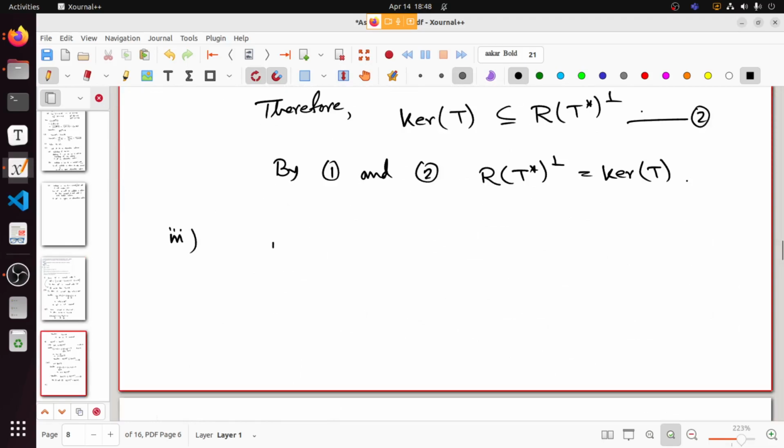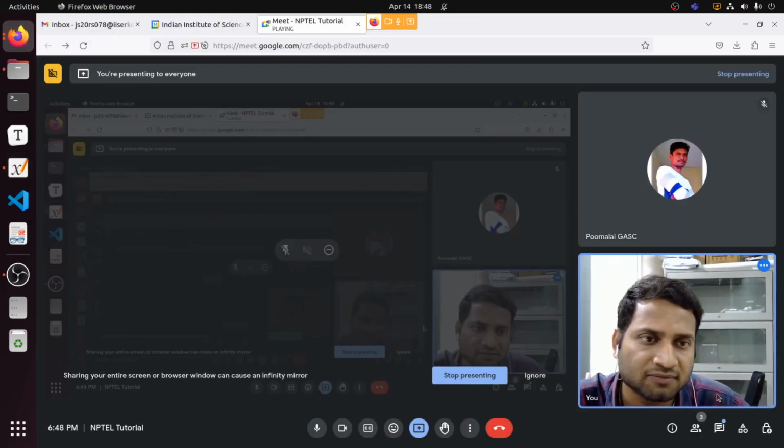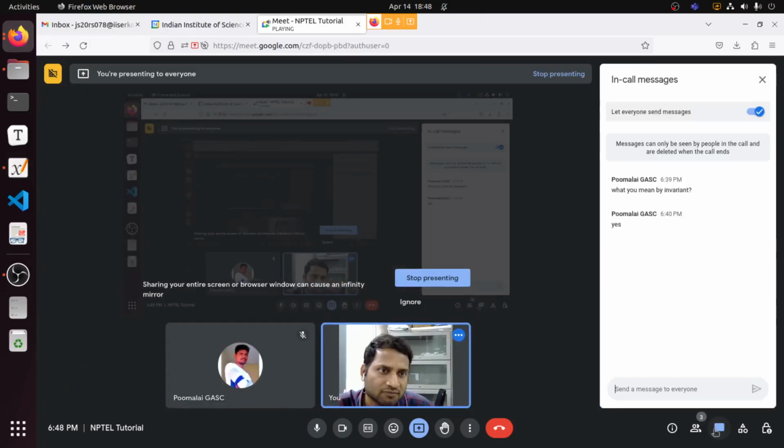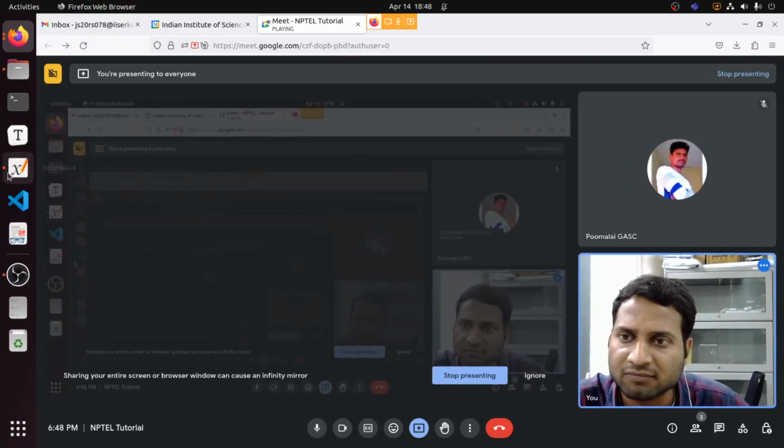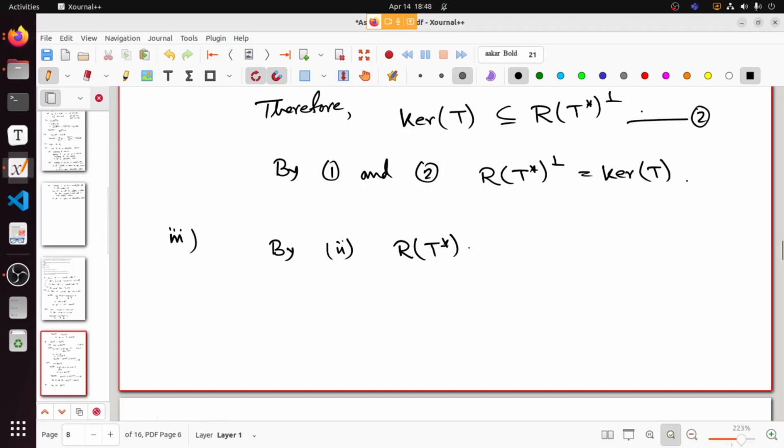By 2 we have range T star perp is kernel of T. So replace T by T star, and use that T star whole star is again T, which we have proved earlier.